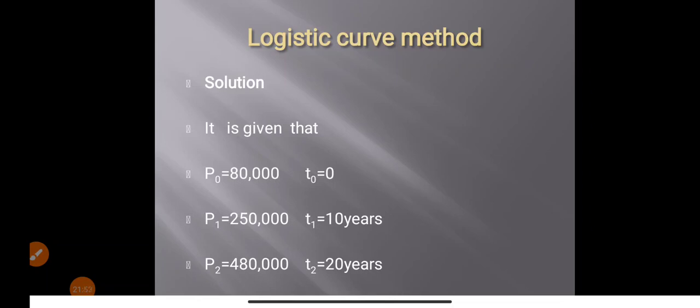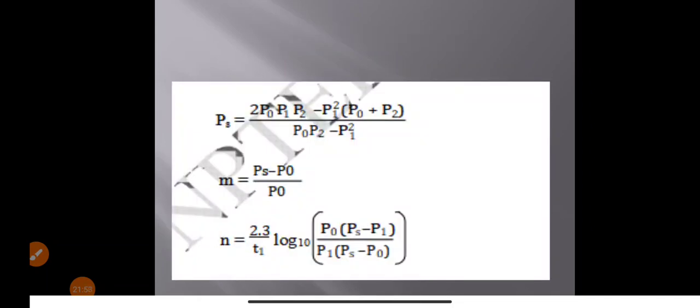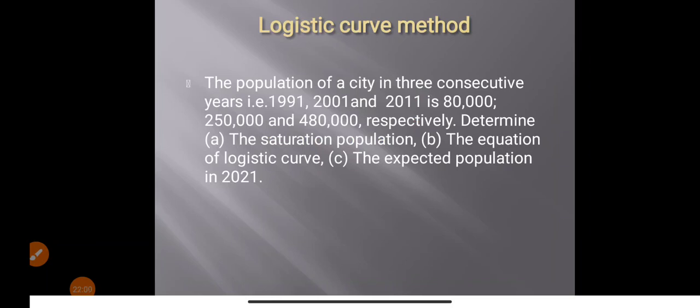What is the P naught value? That means the population in the first year, 1991. What is the population in 1991? That should be the P naught value, that is 80,000. So here the P naught value is 80,000, the P1 value is 2,50,000 and the P2 value is 4,80,000.